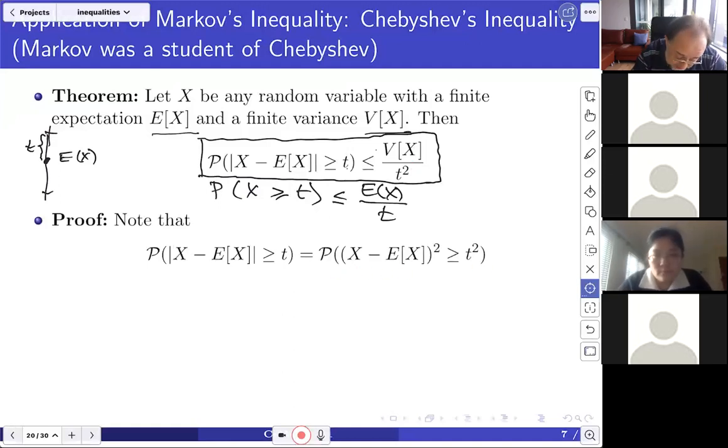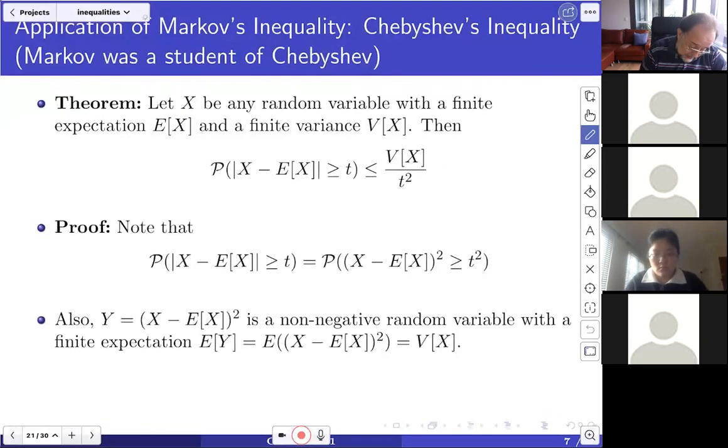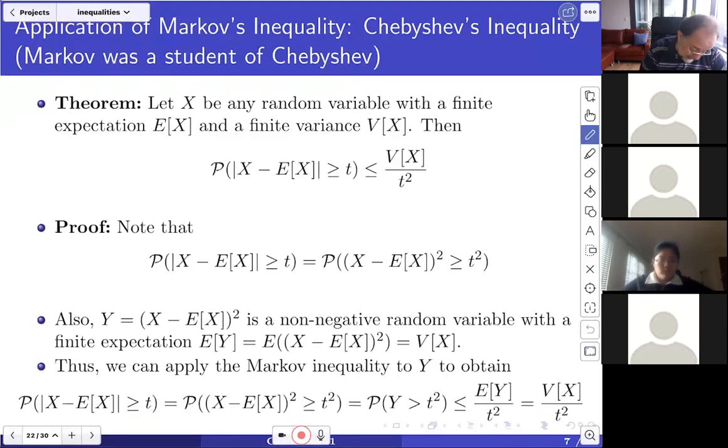And now we just notice, right, that the expected value of this is just the variance, right? And this random variable, let's call it y, which is x minus E of x squared, is clearly always non-negative. So the conditions for the Markov inequality hold. And if we apply it, what do we get?